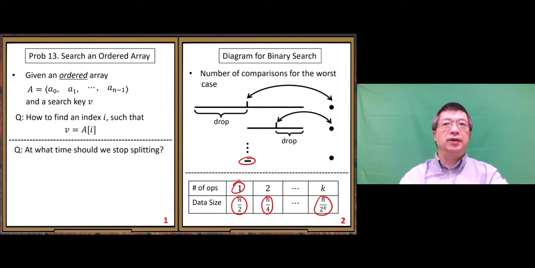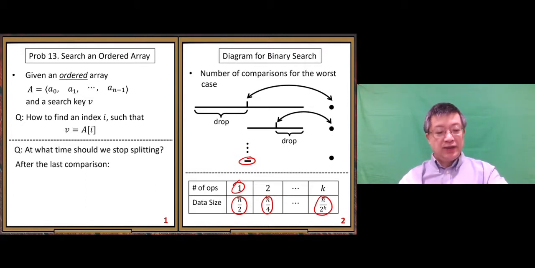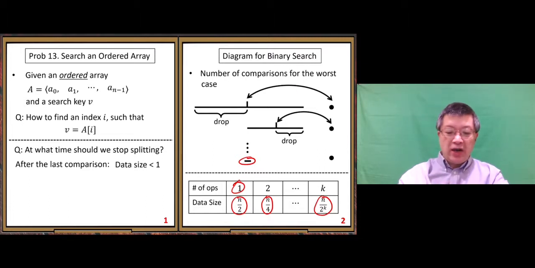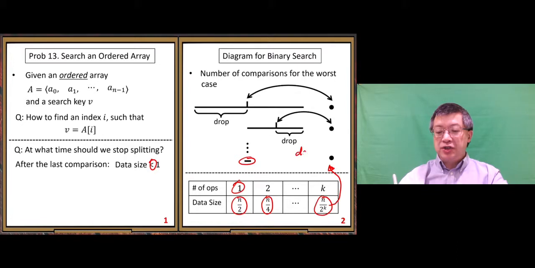So now we do a critical observation like this. After the last comparison, the data size should be strictly less than 1. The data size here, we mean this expression, our data size expression.